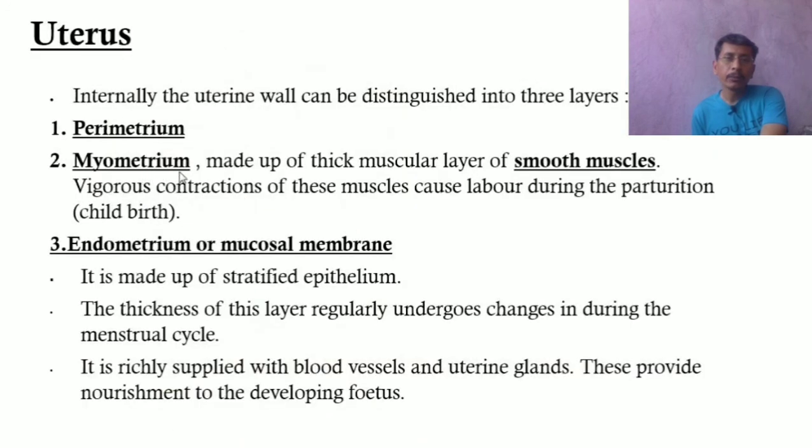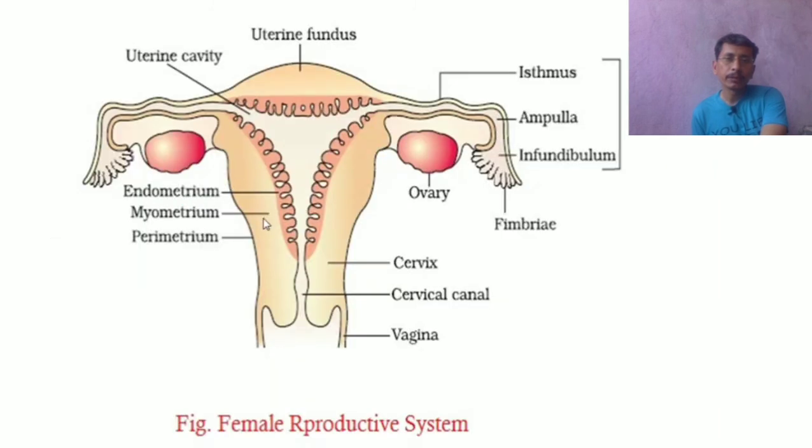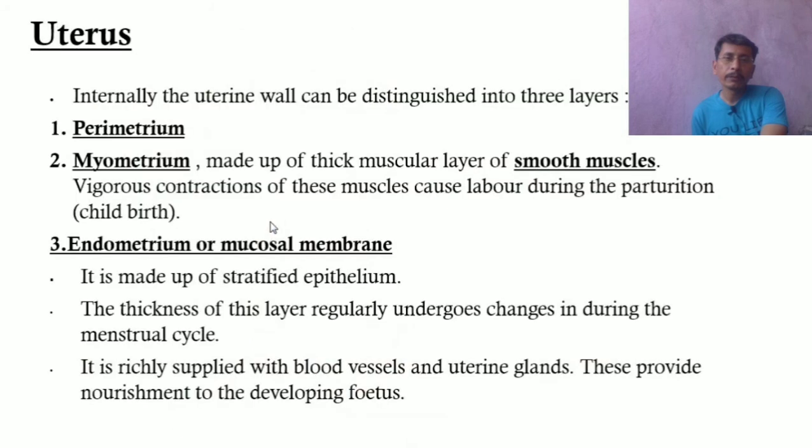Then the middle one is the myometrium, which is a thick muscular layer made up of smooth muscles, and which helps in the contraction of the uterus during parturition, or childbirth. There is a forceful contraction of the muscles, and then the baby is expelled outside through the birth canal. This special type of muscle present inside is smooth muscle.